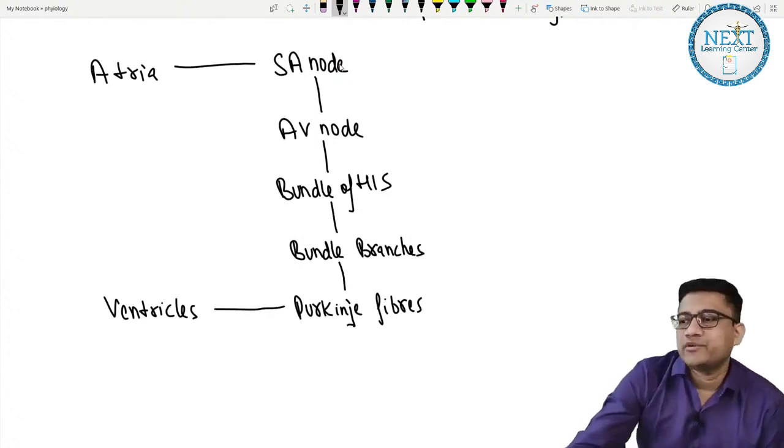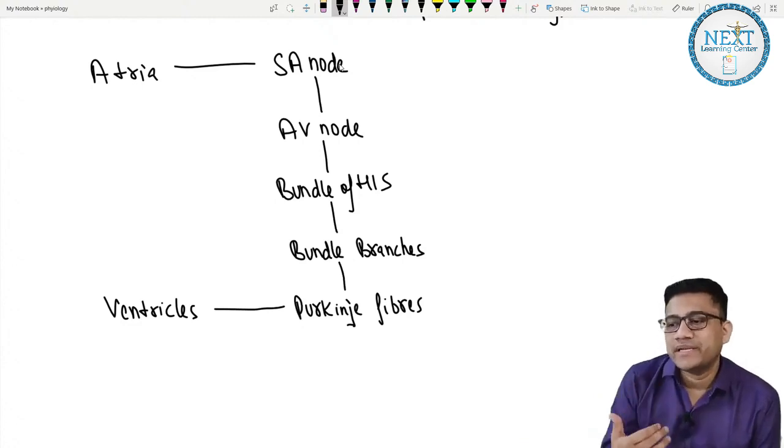They are all connected to each other. I hope it's clear.